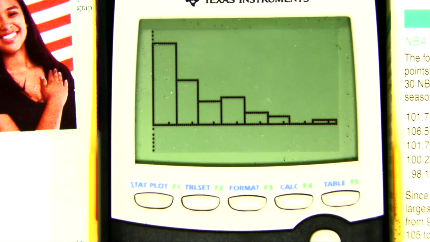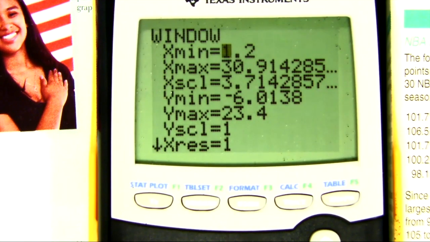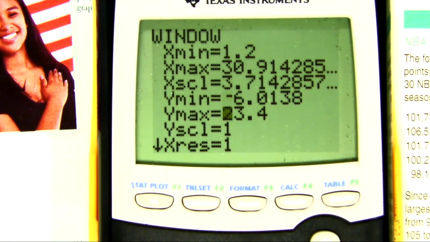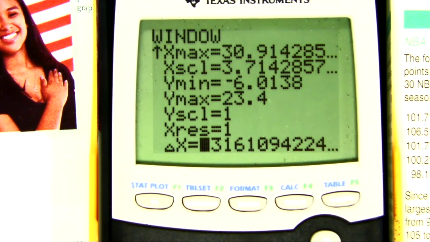And so we'll talk about how to manipulate that histogram a little bit later. If you want to try, then you have to go to your window settings, okay, and adjust some of the things in your window setting. But we're not going to worry about it right now.